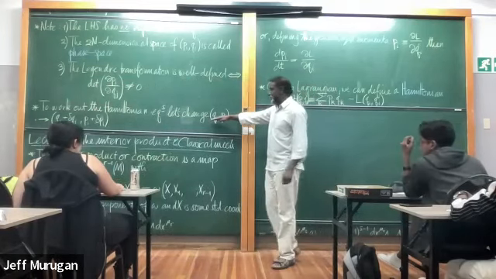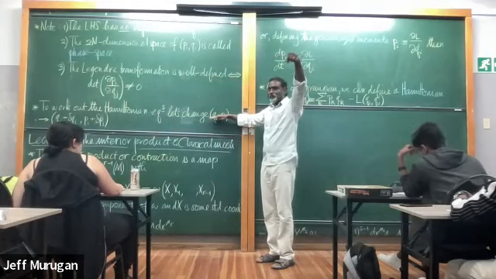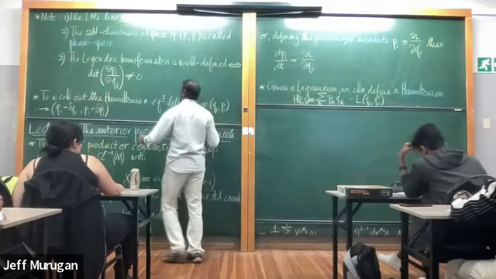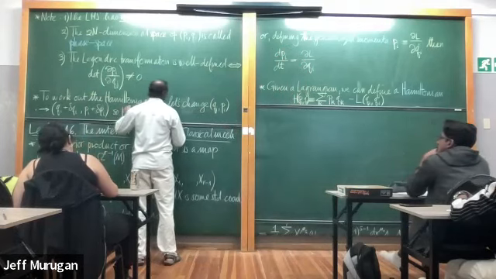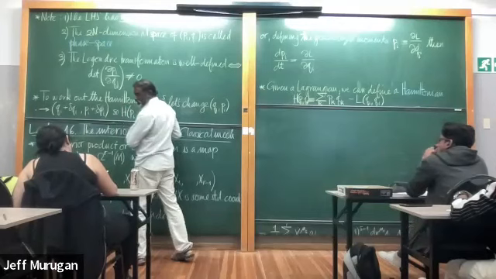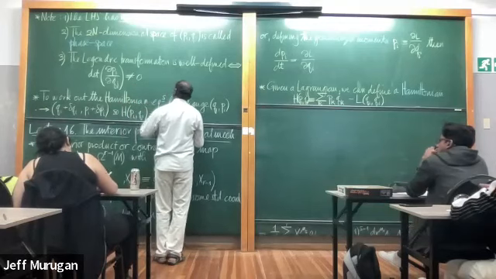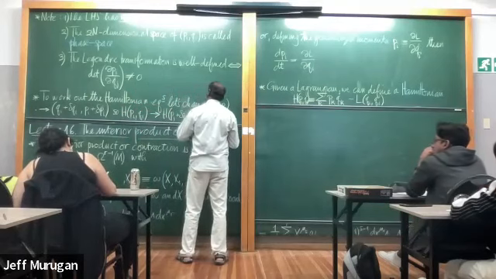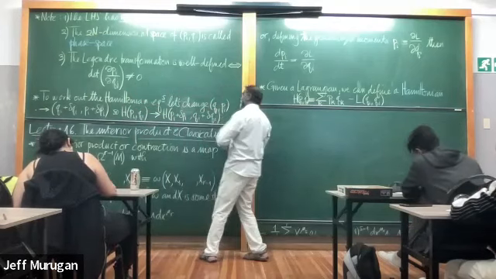So under this change, I start off with some phase space point q_i, p_i here, and I make a small change to some other phase space point q_i plus delta q_i, p_i plus delta p_i. What happens to the Hamiltonian? The Hamiltonian is a function of p_i and q_i, so H of p_i, q_i goes to H of p_i plus delta p_i, q_i plus delta q_i.